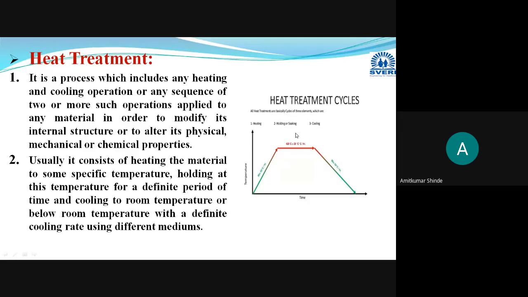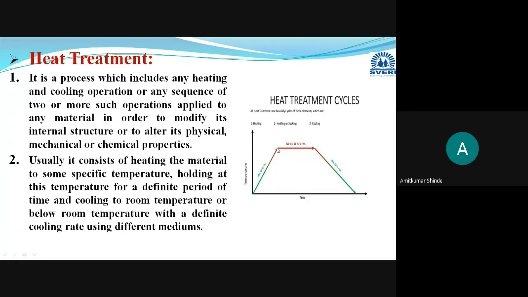These three steps I will explain in detail, but for now just try to understand the concept of what we are doing here. It consists of heating the material to a specific temperature. Initially we are heating the material to a definite temperature, and at that particular temperature we are holding that sample for a definite period of time.